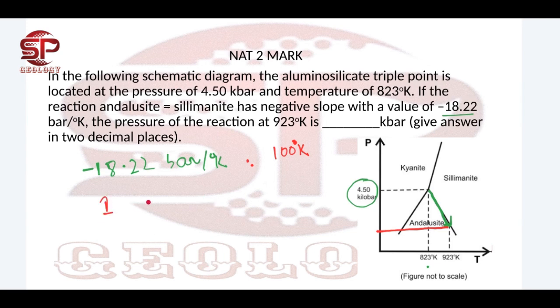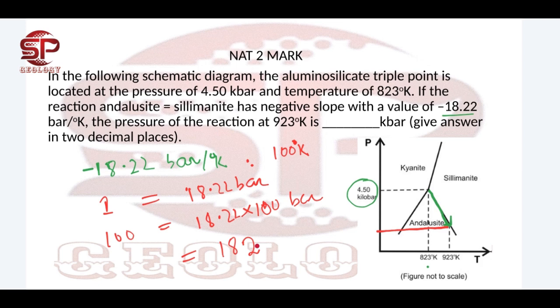So in 1 Kelvin, pressure decreases 18.22 bar, so in 100 Kelvin it will decrease 18.22 times 100 bar, which is 1822 bar. If you convert it into kilobar, it will be 1.8 kilobar.